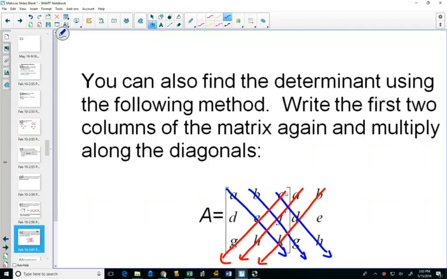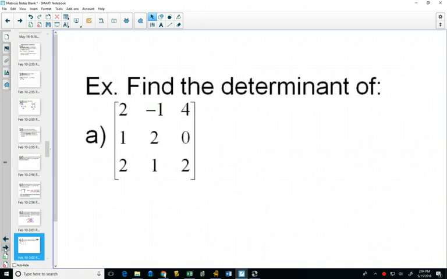So I like using this as a much easier way than trying to memorize that formula or think about all those things happening. I just rewrite my first 2 columns, multiply the positive ones, multiply the negative ones, add and subtract. So here I would rewrite 2, 1, 2, negative 1, 2, 1.